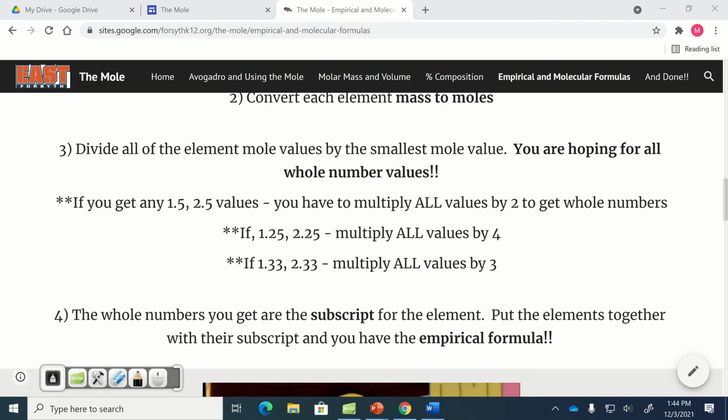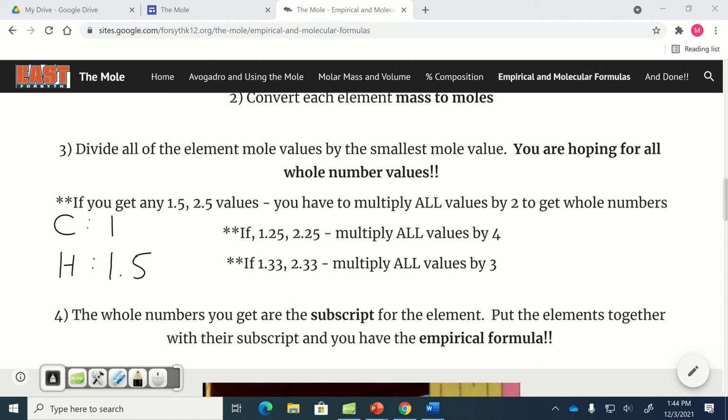But it is very possible that we can run into some exceptions here, especially 1.5 and 2.5 values. What happens there is you multiply all of your values by 2 to get whole numbers. So let's say you have a compound where C comes out to 1, but then H comes out to 1.5.